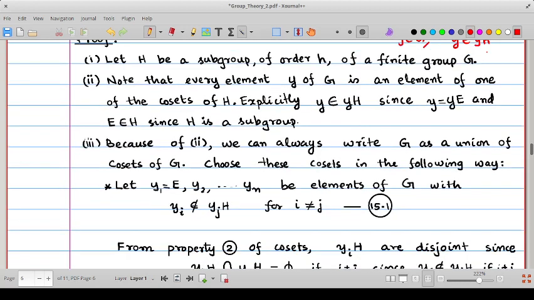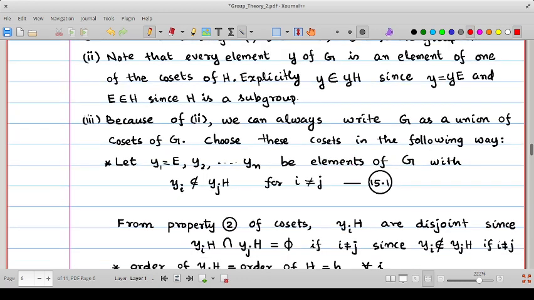Now we make use of the other property of the coset, and that is that cosets are disjoint. That means either two cosets can be exactly the same, or if we are considering two different cosets, there will be no common element at all.